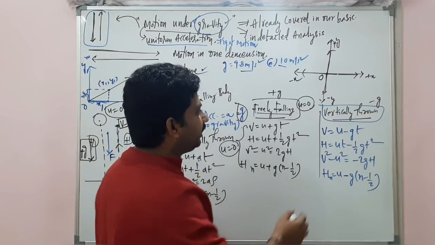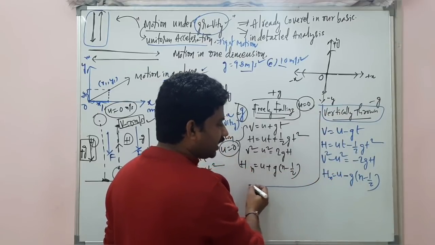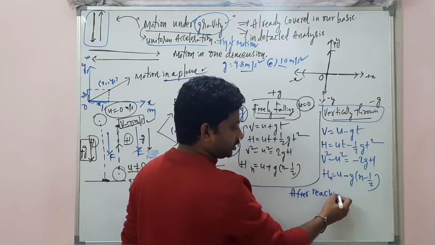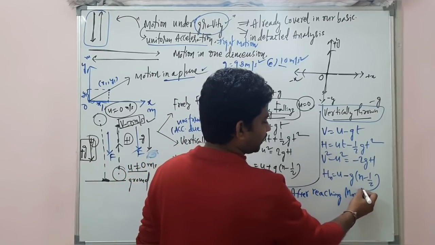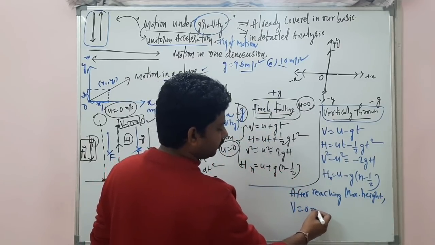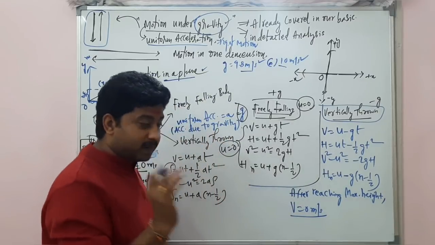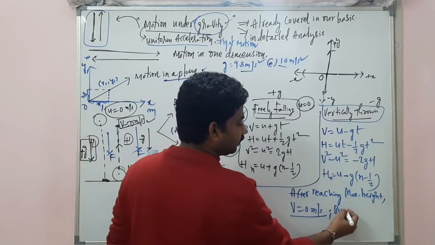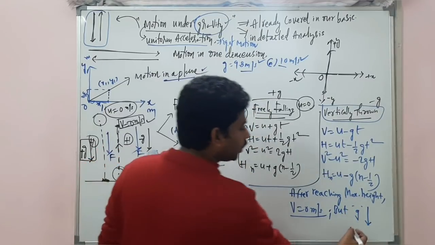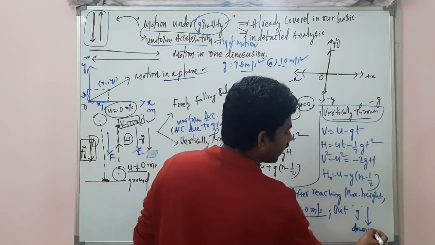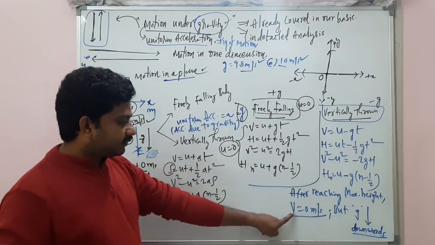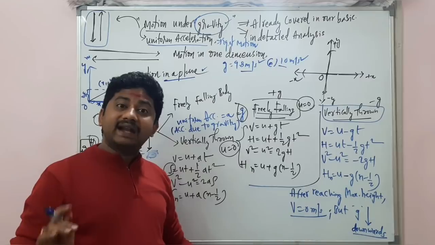So remember, in a vertically thrown object, after reaching the maximum height, final velocity will be 0 meter per second. But acceleration due to gravity, G, will be downwards, right? G is always downwards, even at maximum height also. G will not be 0, right?